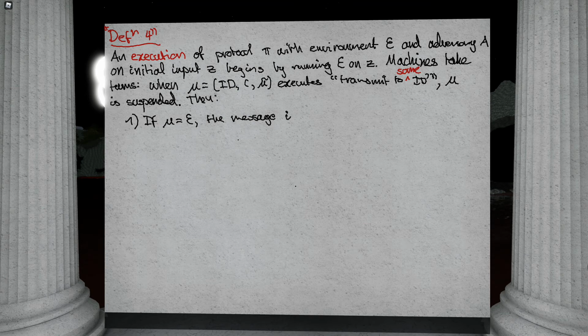So the message is written to the corresponding machine. I write mu prime to say it has identity ID prime, whatever that is. And I have to say where it gets put, right? I have 3 tapes. So it's the input tape. The environment is giving input.